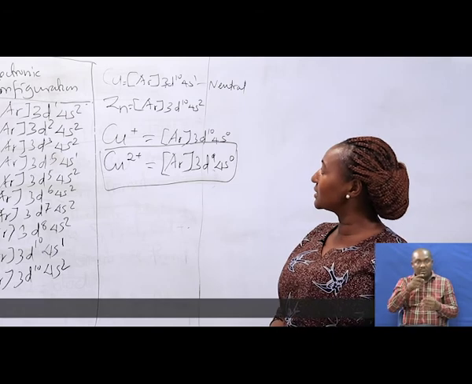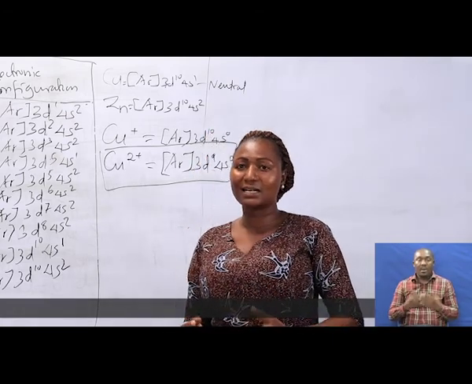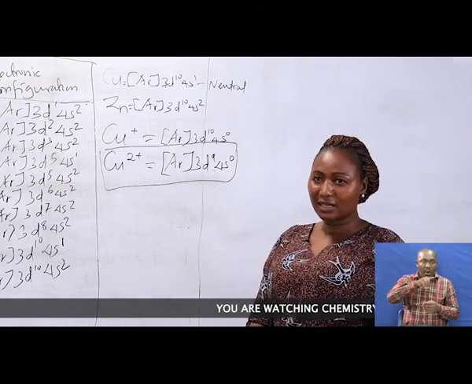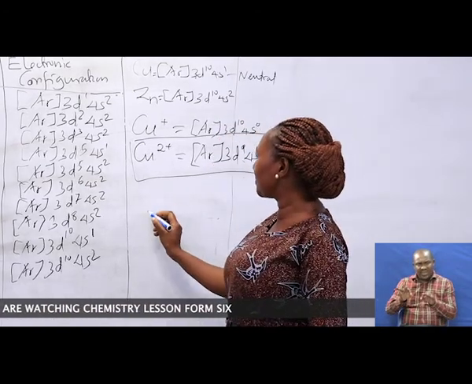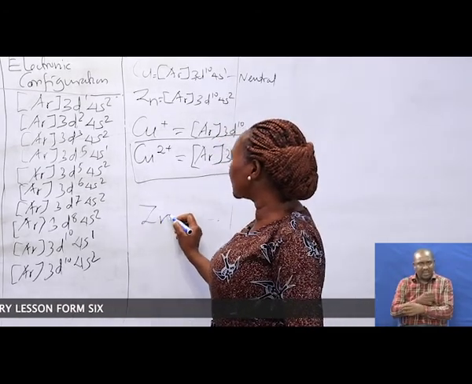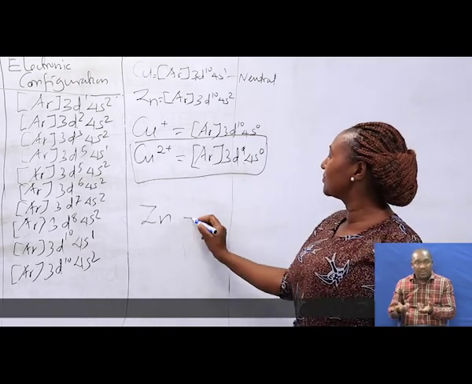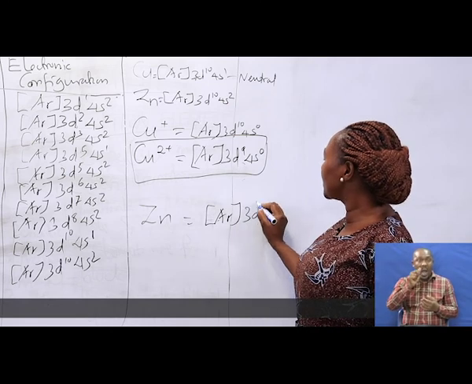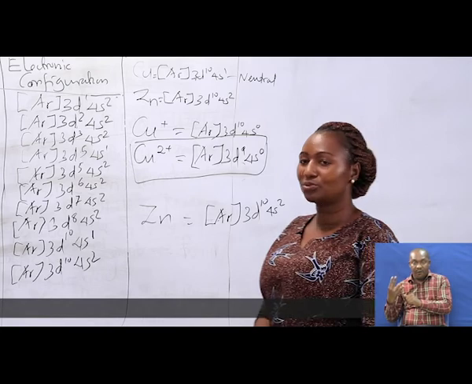Another question I asked you was about zinc, as the question says: are zinc and copper transition elements? So let us see about zinc. When you come to zinc, its electronic configuration is argon 3d10 4s2.